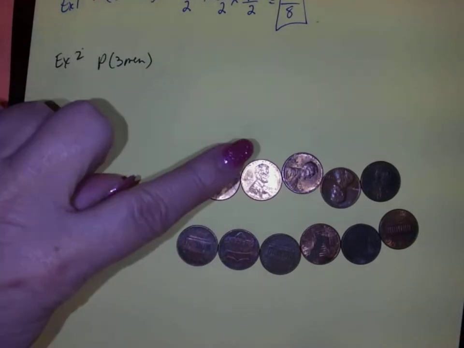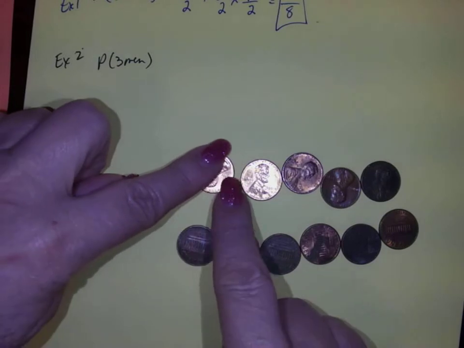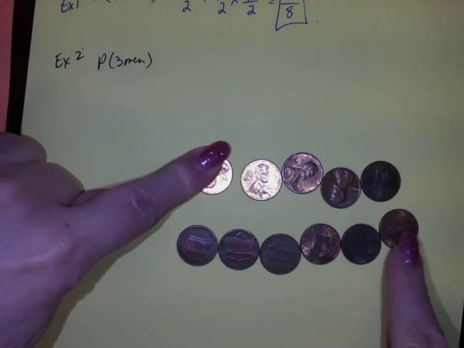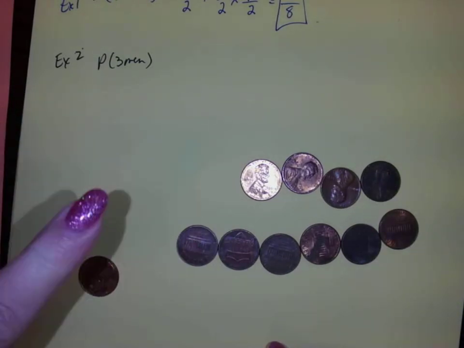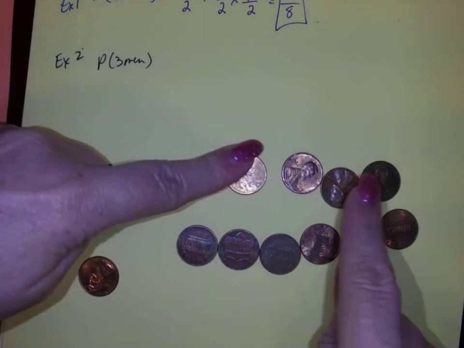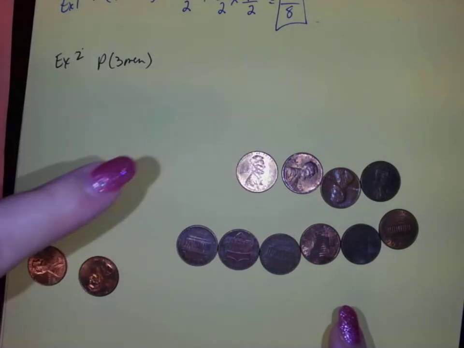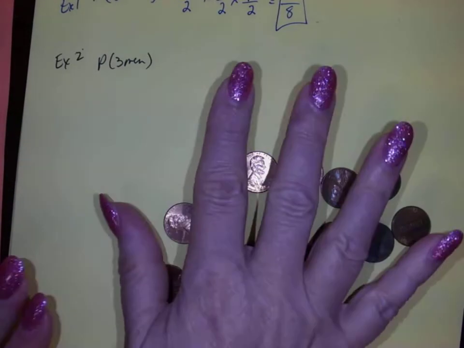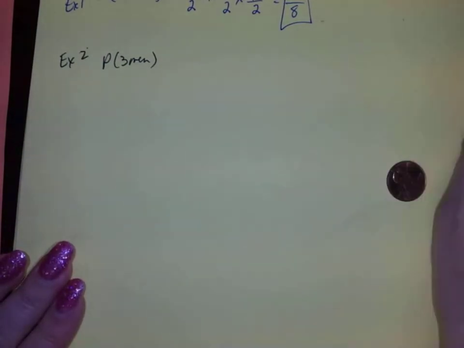If I pull another head, there were only 5 heads out of the total of 11. If I pull another one, then there is 4 out of the total of 10 possible. So it's going to decrease each time when they are dependent.